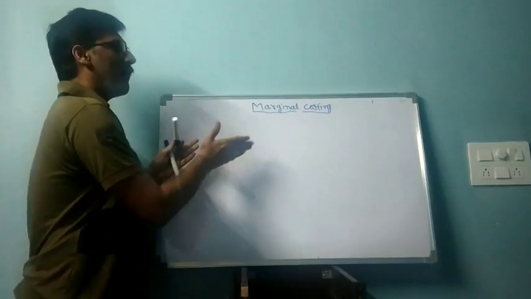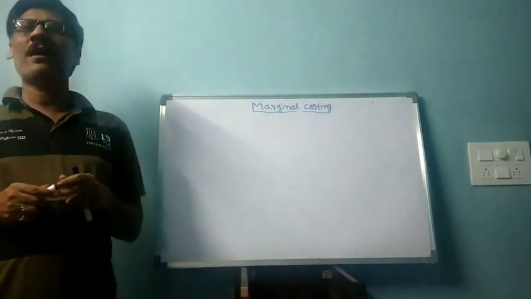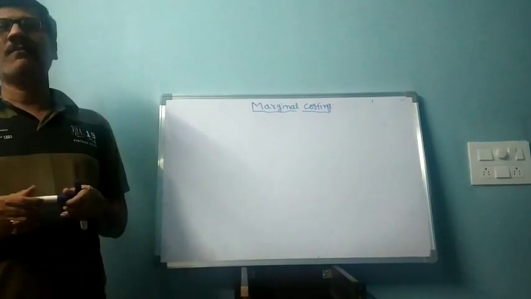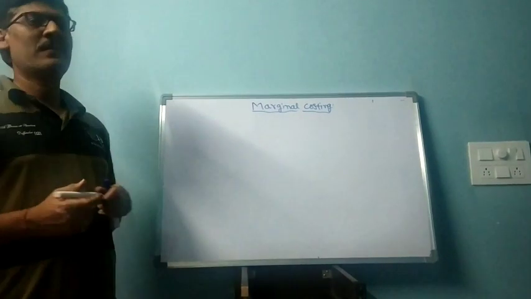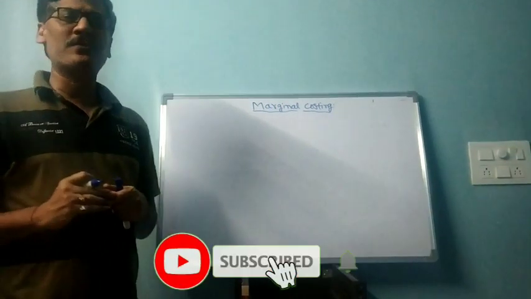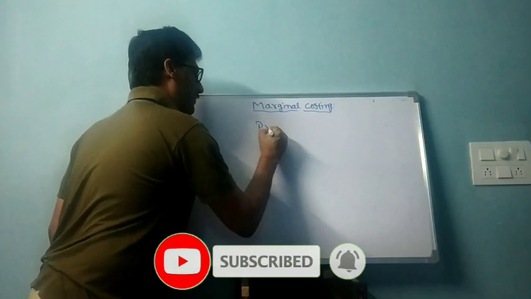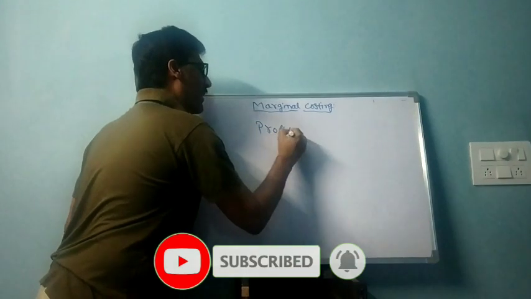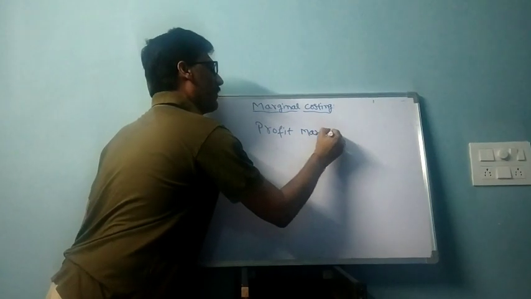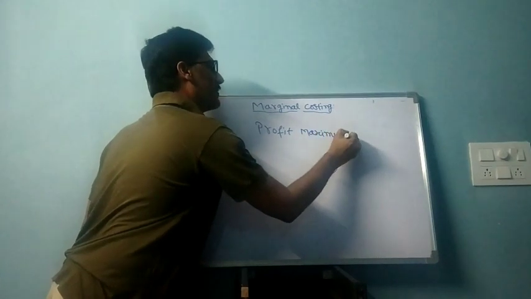Before I explain the formula derivation with the example, I want you to understand the basic terminology which is involved in marginal costing. Right. Now, generally what is the main objective of any firm? Profit maximization. Any business main objective will be profit maximization, means getting maximum profits.